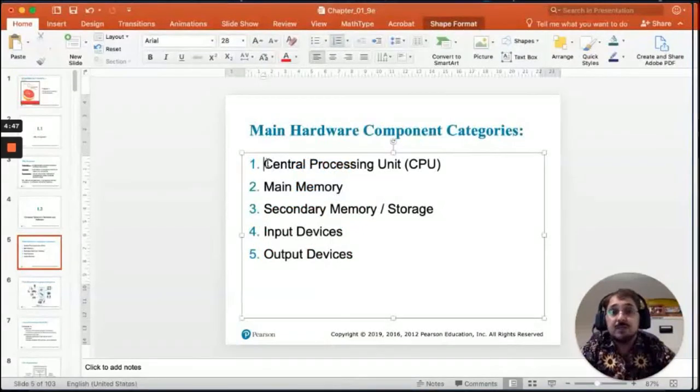Central processing unit is the processor of the computer. Okay, it is also called the processor. So the processor is actually the main brain of the computer, which processes all the commands. Main memory is the RAM. You know RAM, okay, random access memory.